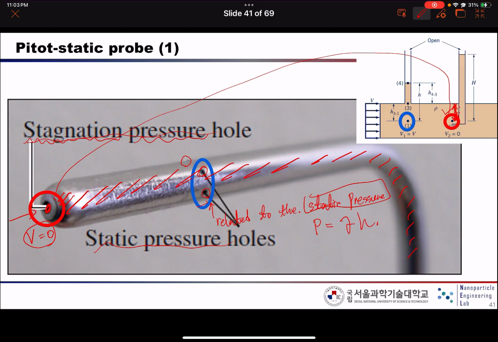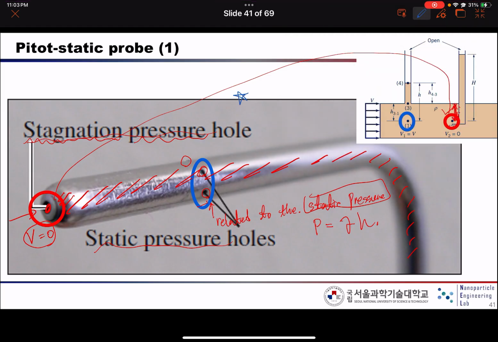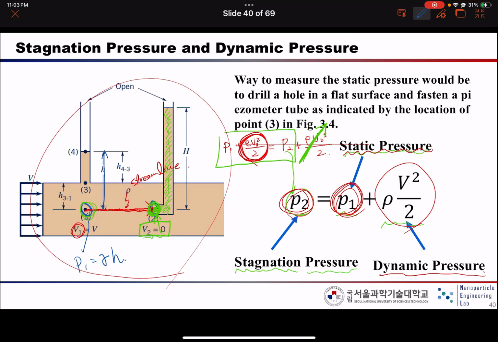If you know the static pressure, in the previous page we can summarize this equation, right? Let's go back to the previous page.